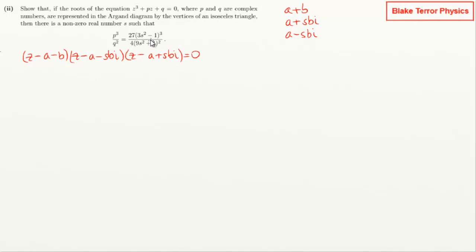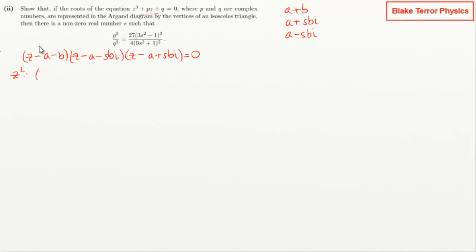And we need, well, if it's got to satisfy this thing, am I just comparing coefficients? Seems likely, doesn't it? P and Q are complex numbers. Right, let's go through comparing coefficients then. I mean, the Z cube obviously comes out fine because we just got Z times Z times Z. So for Z squared, I've got to take one of each of them.